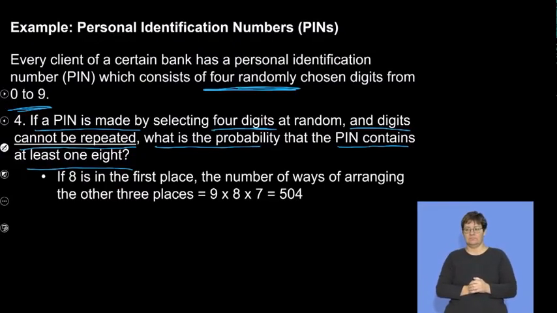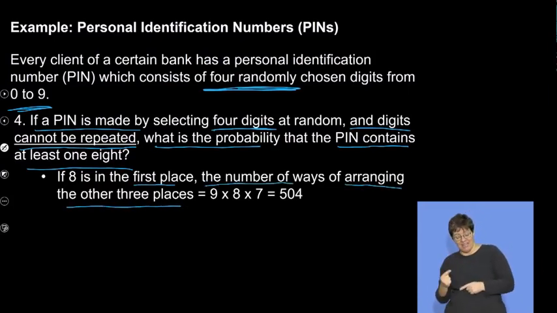So if 8 is in the first place, we have to think of 8 being in the first place, then the number of ways of arranging the other 3 digits will be 9 times 8 times 7. Because if 8 is in the first place, it's only 1, so it's 1 times 9 times 8 times 7, because we cannot repeat the digits.